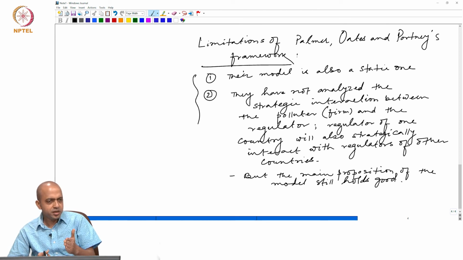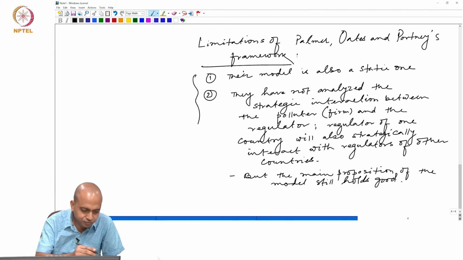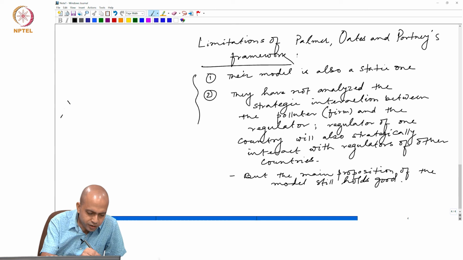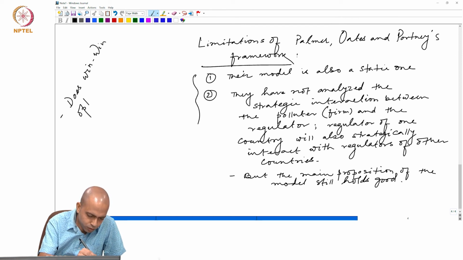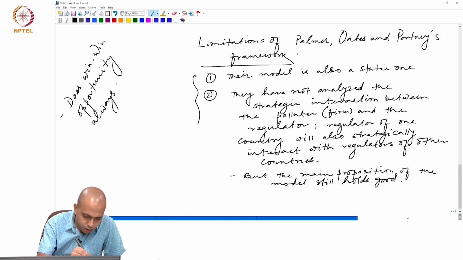What Porter said is that regulation will create a win-win opportunity. But if we ask, does a win-win opportunity always result in pollution abatement?